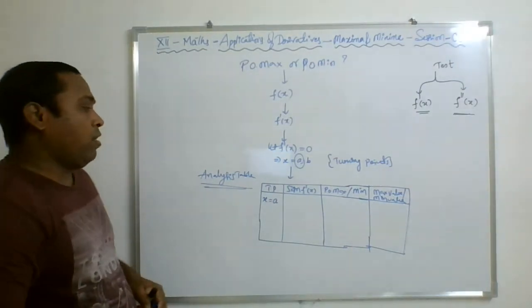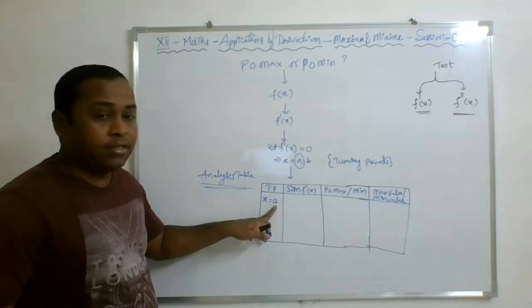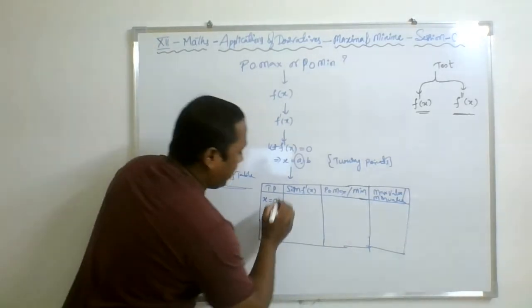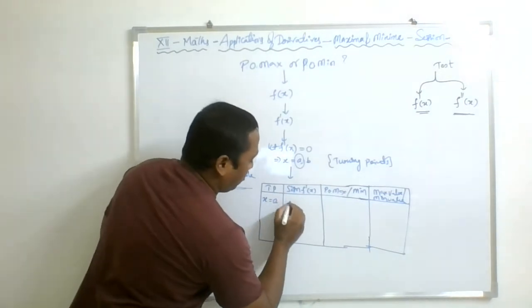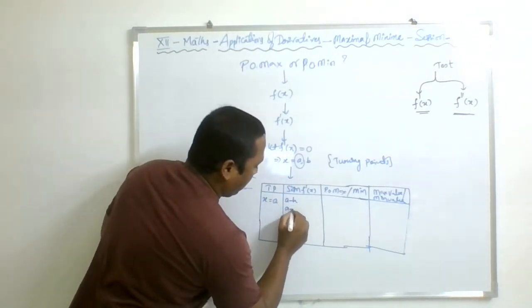So now we'll take 2 points, one on the left side of this a and one on the right side of this a. So at a minus h and a plus h.